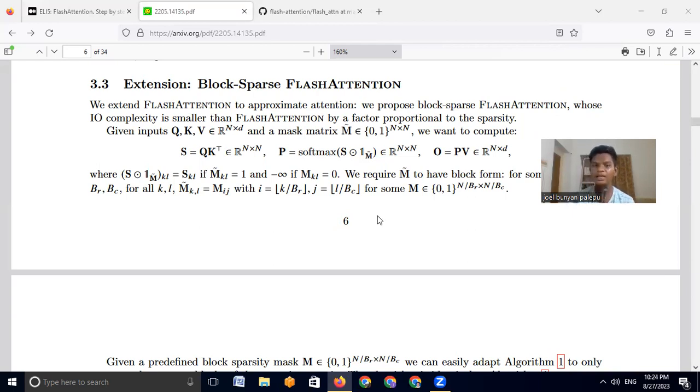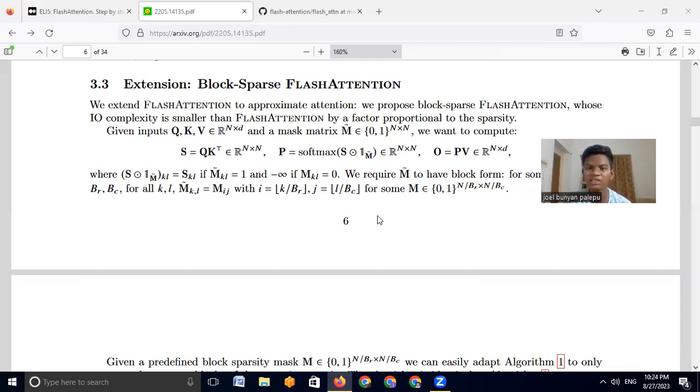For example, let's say there is a huge document with 10,000 or 100,000 words. There is no need to attend each word to every other word, because chances are that the first word does not carry a huge amount of influence on the last word.